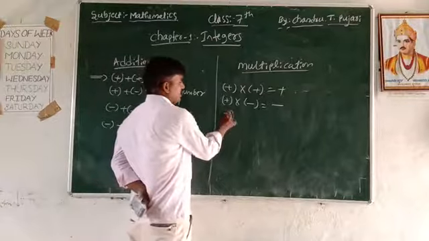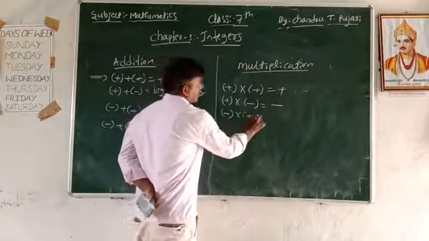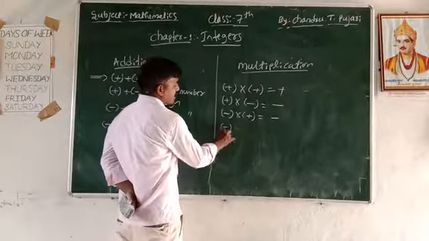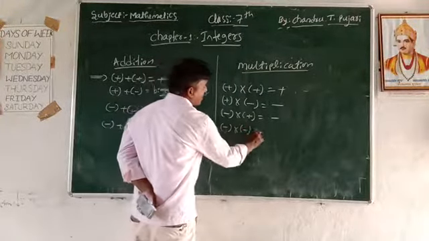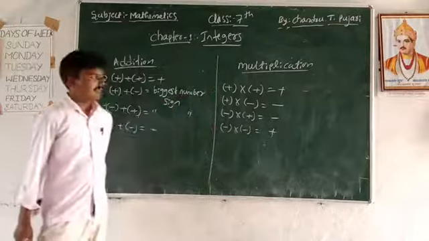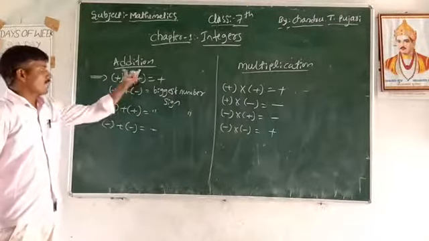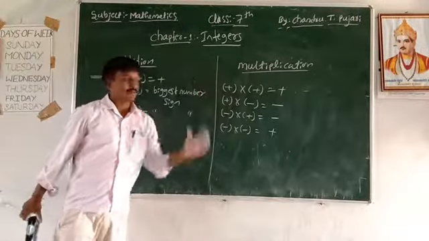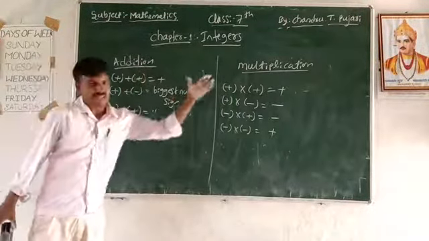Next, minus into plus is equal to minus. The last one is minus into minus is equal to plus. These are very important properties in our integers, the additive and multiplicative, or addition rules and multiplication rules.